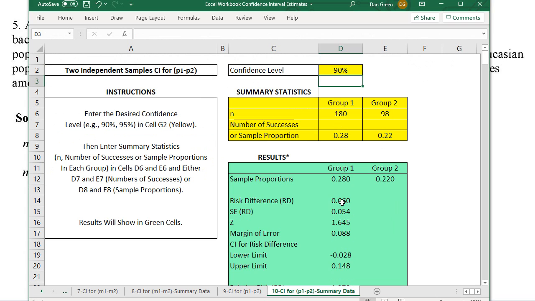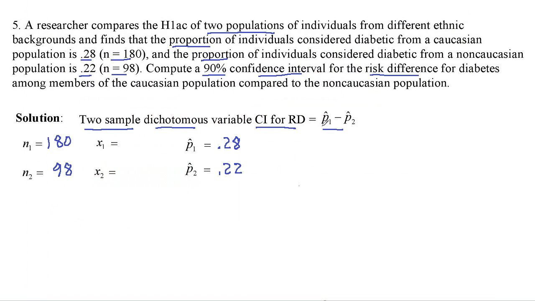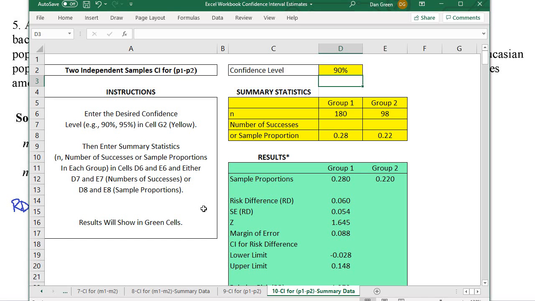They tell us the risk difference, that's P1 hat minus P2 hat, is 0.06. So if they ask for the risk difference, that's what they're referring to.